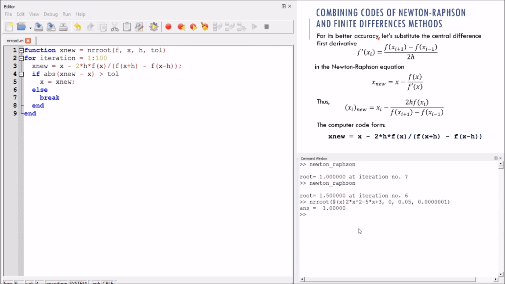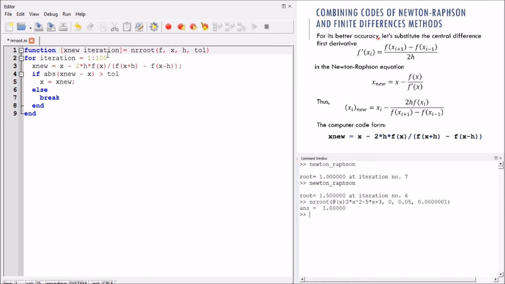Now, if you want to return two values, because in the previous script we saw two results, the root and the number of iterations, we can make here an array, a small MATLAB Octave array. The first element will be x in u. The second element will be iteration.